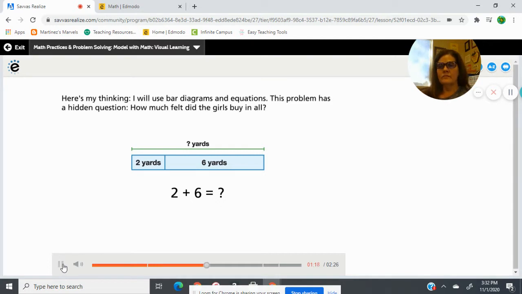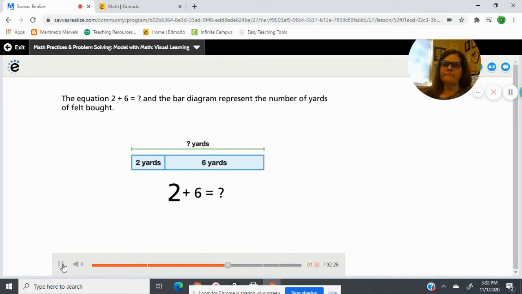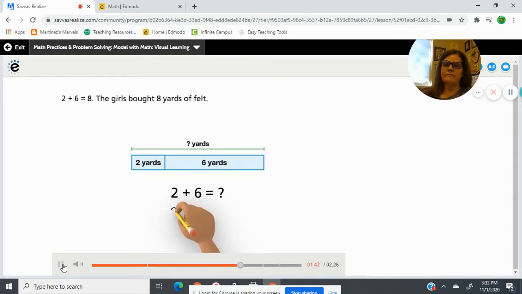Here's my thinking. I will use bar diagrams and equations. This problem has a hidden question. How much felt did the girls buy in all? The equation 2 plus 6 equals what? And the bar diagram represents the number of yards of felt bought. 2 plus 6 equals 8.